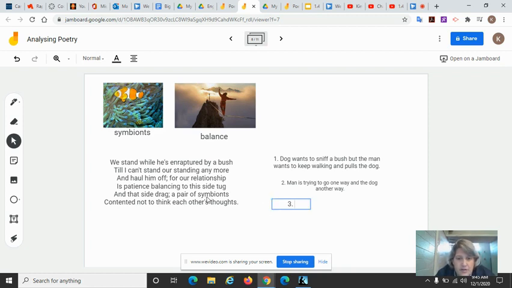So we have to know what this word symbionts means. Okay, and a symbiont is two organisms that live together, helping each other out. So when we talk about symbionts, an example would be a fish and a piece of coral. The coral is something the fish can hide in to escape predators.